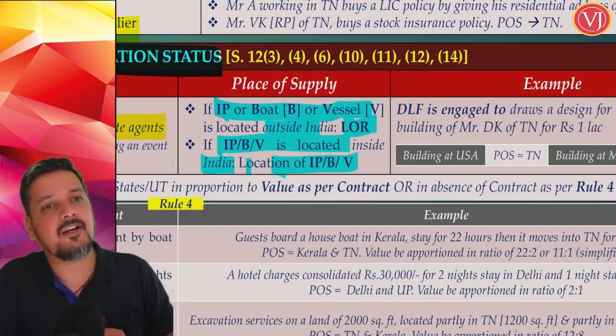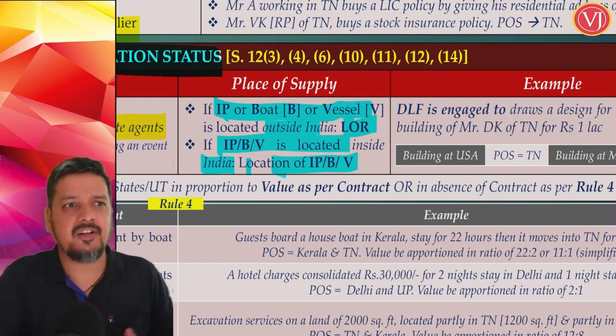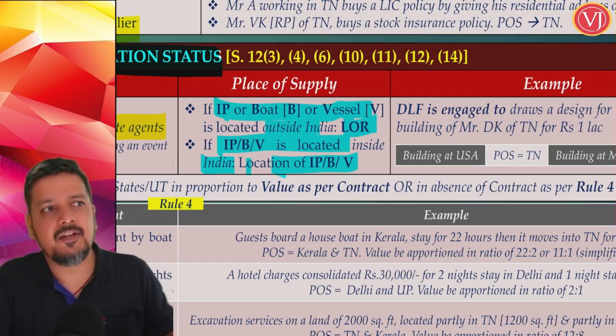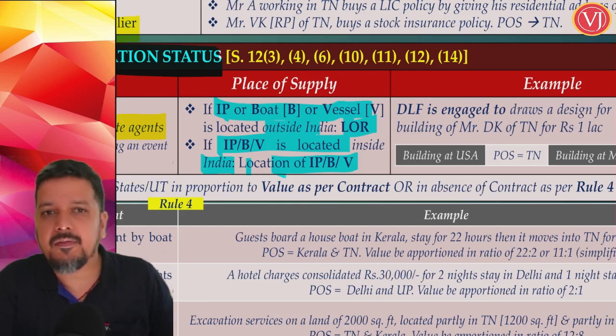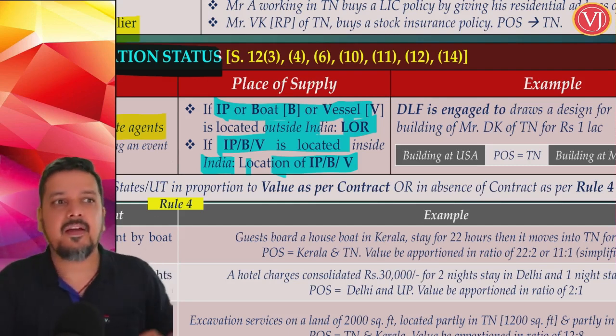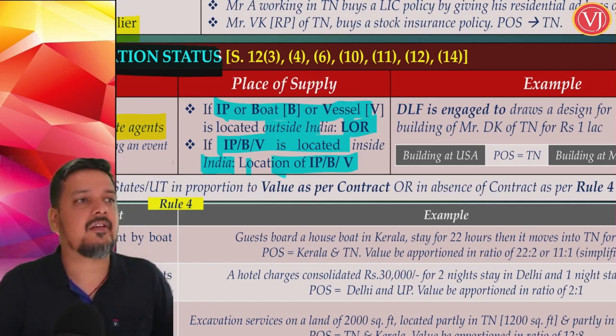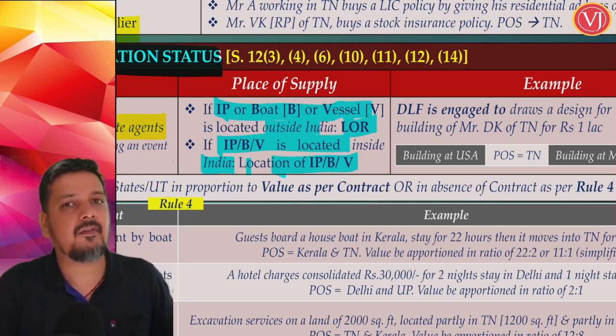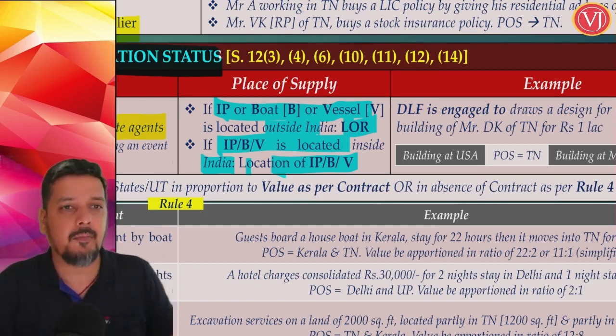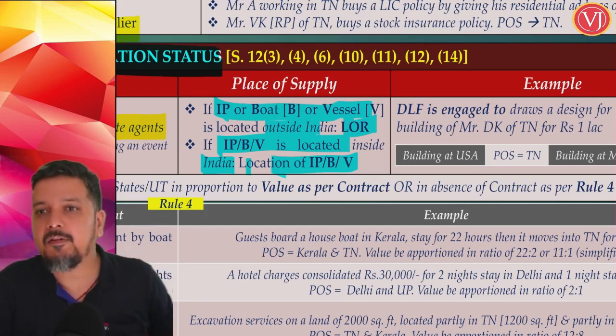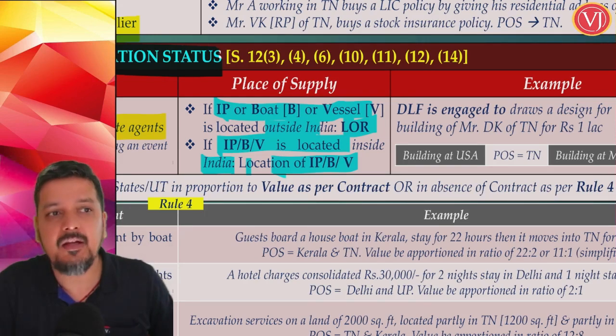Taj can start a hotel chain in USA. What is the place of supply? Answer is not USA. Then I will go with location of recipient, where Taj head office is located. Taj may tell that we are located at Mumbai. So for that, place of supply will be Maharashtra.